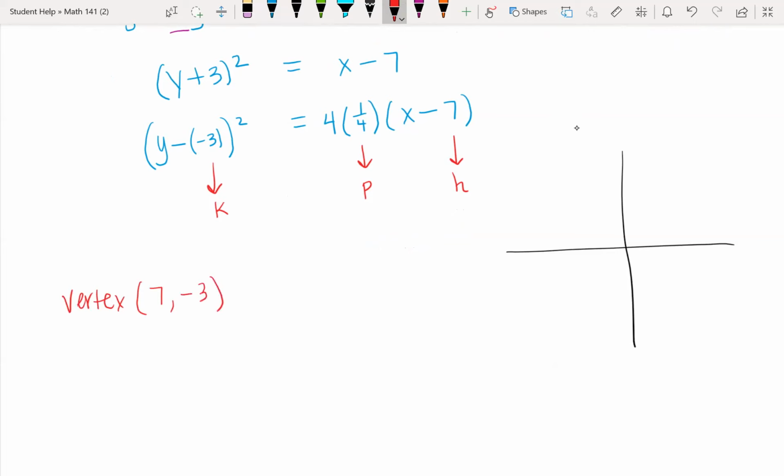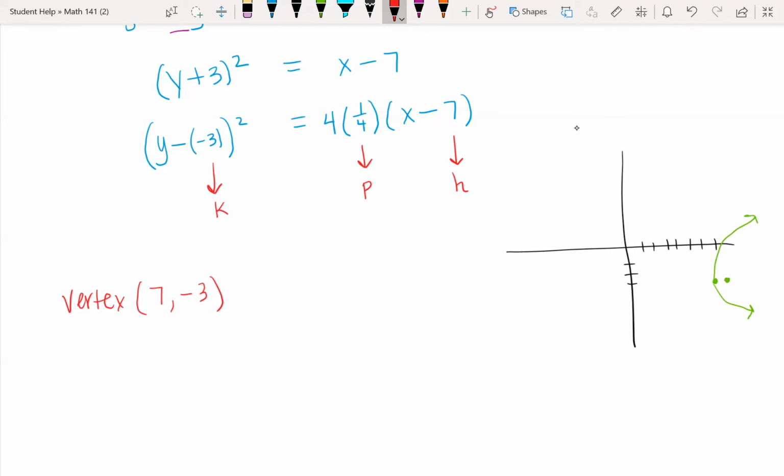And then the focus, let's see. No, this is opening to the right because p is positive. This is going to open this way, right? So the focus point is going to be here.